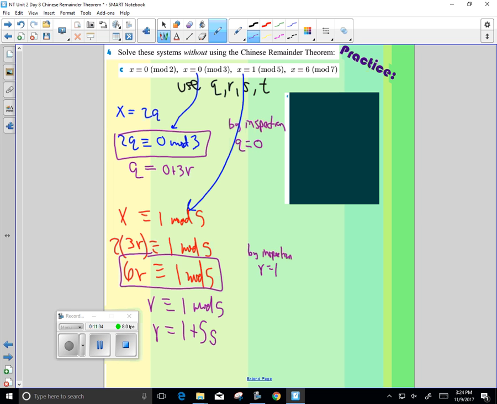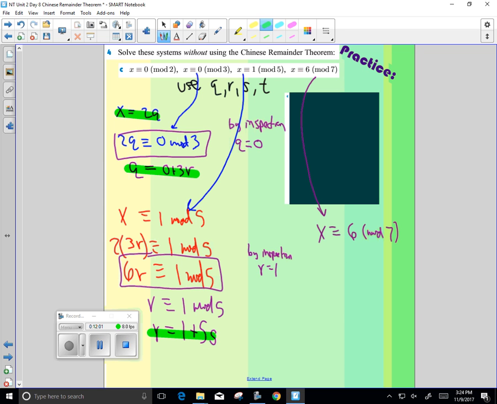The next letter is s, of course. And then I'm going to go back up here and take this one. And this is going to be x is congruent to 6 mod 7. Got a little bit of work here, but we can do it. x was 2q. q was 3r.